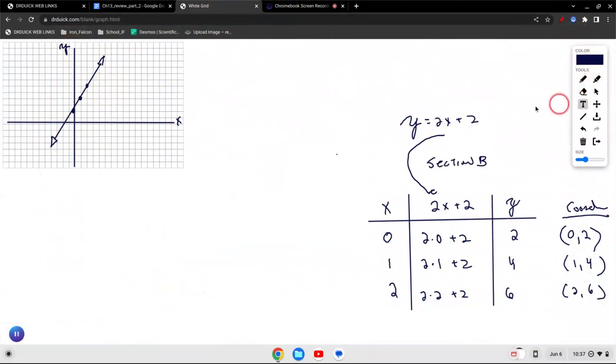So this one would be 0, comma 2. Next one is 1, comma 4. And the last one, of course, is 2, comma 6. All right. And if I grab this, I can shrink it down a little bit so it actually fits. Boom. And that's how you would do that one.